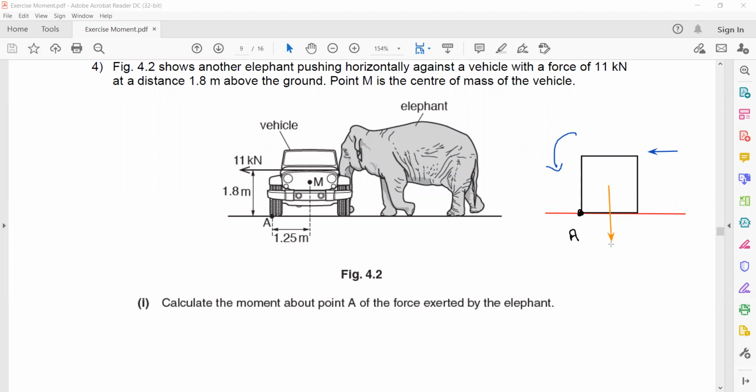In which direction will the weight try to cause a moment or turning effect? It will try to cause a moment in clockwise direction. So weight is trying to cause a clockwise rotation and the elephant is trying to cause an anti-clockwise rotation.